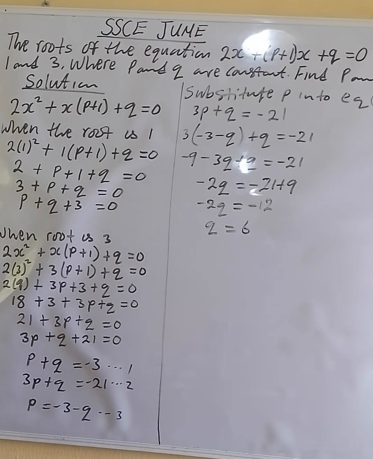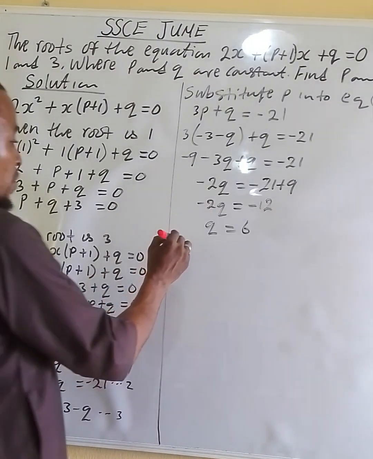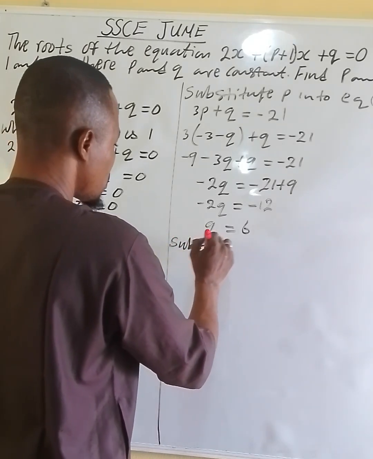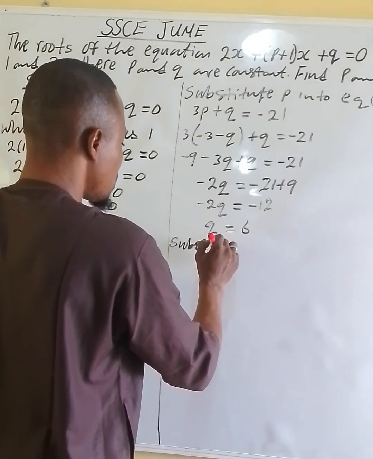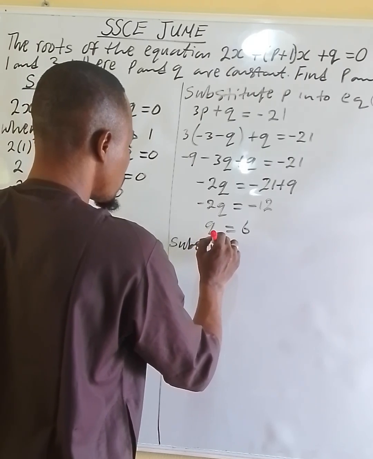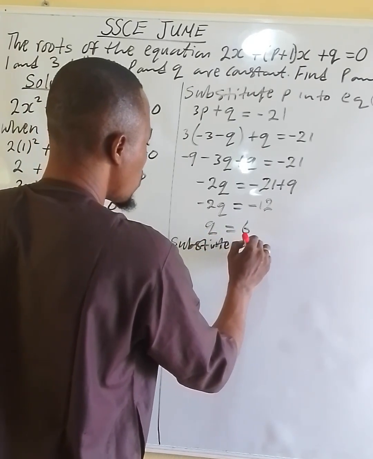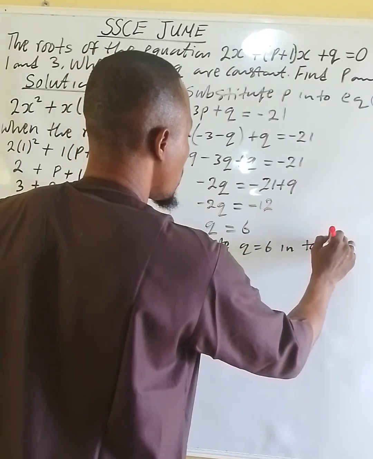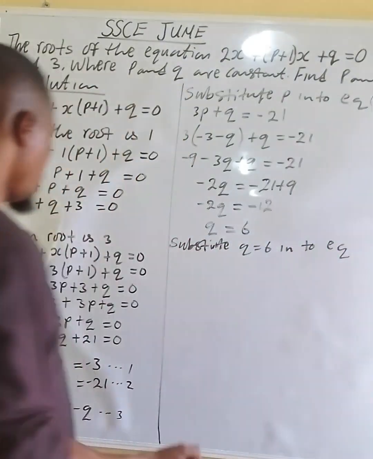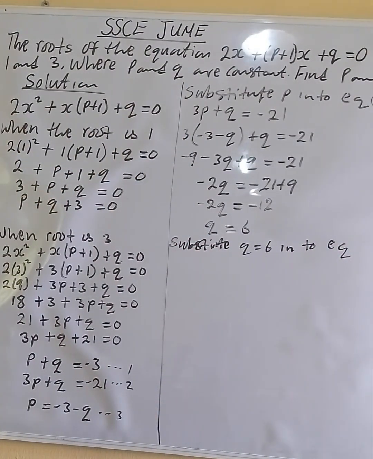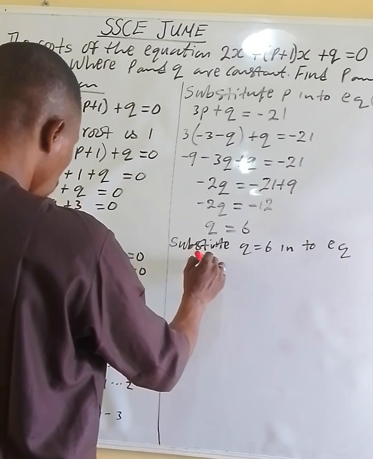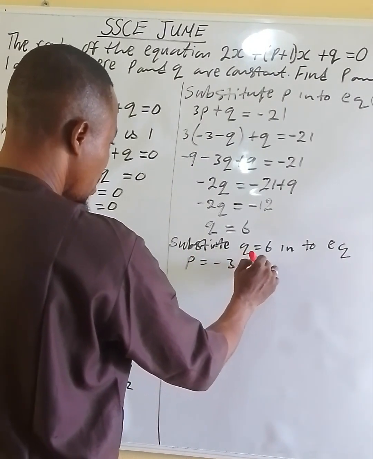As we have q to be 6, we are now going to substitute the value of q. Which equation should we use? We can use equation 3. Equation 3 says p equals minus 3 minus q.